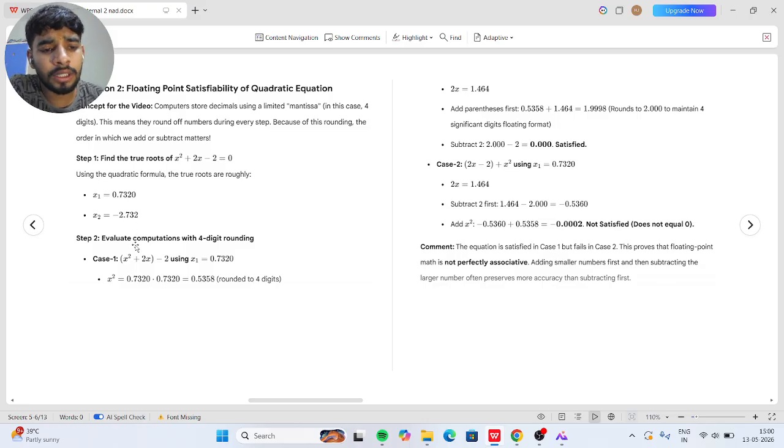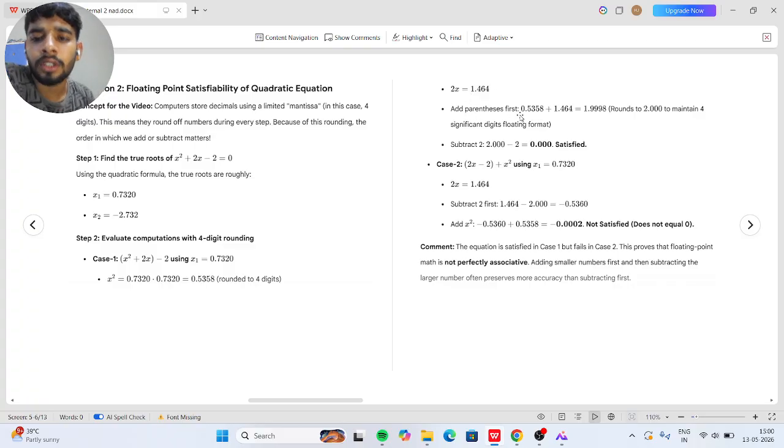Then we evaluate the computations with four digit rounding. So in case 1, x squared plus 2x minus 2 using x1 equals 0.7320, x squared equals 0.5358, rounded to four digits, and 2x equals 1.464.